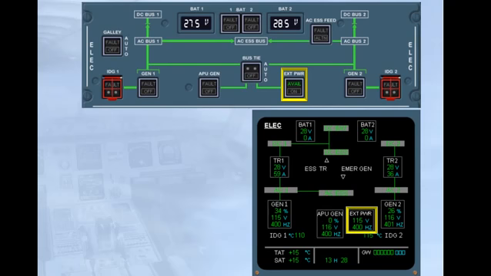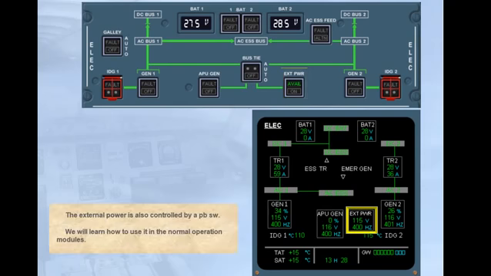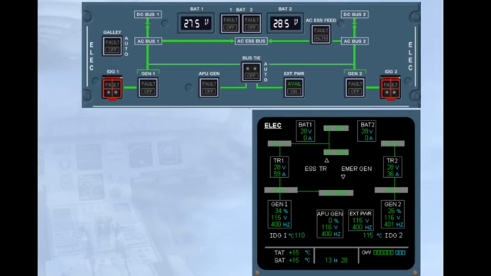We will learn how to use it in the normal operation modules. The AC Essential Feed push-button switch enables the pilots to change the feed for the AC Essential bus from AC Bus 1 to AC Bus 2.